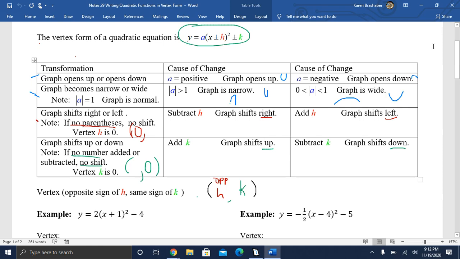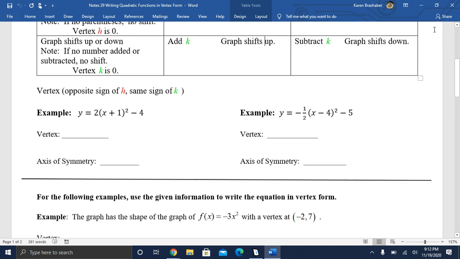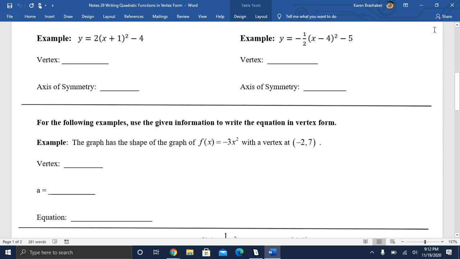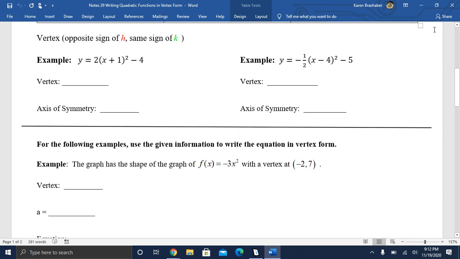So you've got your chart to reference. As I look at these review problems, it's asking you to look at the equation to give the vertex and the axis of symmetry. So for the vertex in this example, we want to use an ordered pair. Remember that the h is what's inside the parentheses, and the k is what's after the x squared, or what's after the parentheses. All right.